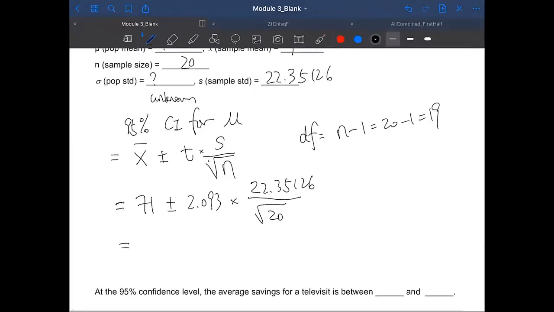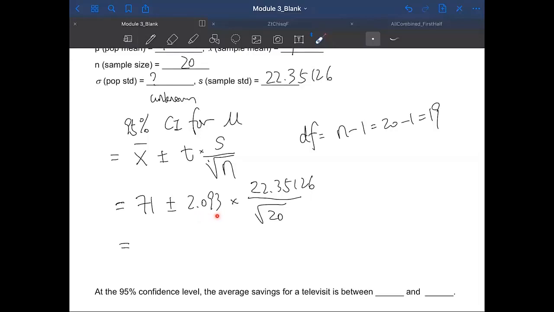And again, I'd like to remind you, the plus minus part, the product of all of them, this entire part is known as the margin of error. This part is going to determine how wide or how narrow your interval is. And how wide or how narrow your interval is going to be is dependent on the multiplier, as we were talking about with Canon, right? If your confidence interval is wider, this number is going to be big.